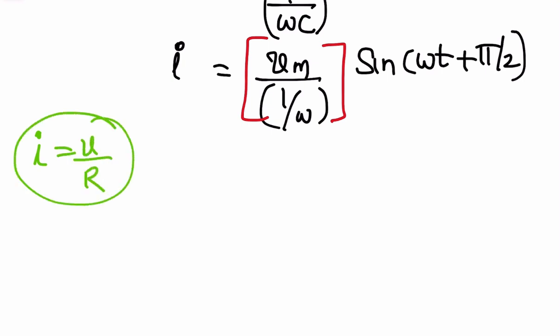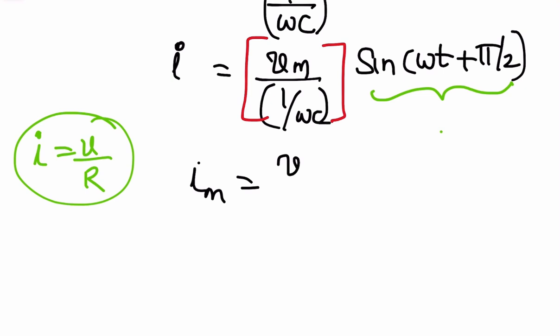The maximum value of the sine function is always 1. So when sine is 1, Im, the peak value of current, is equal to Vm divided by 1 by omega C.